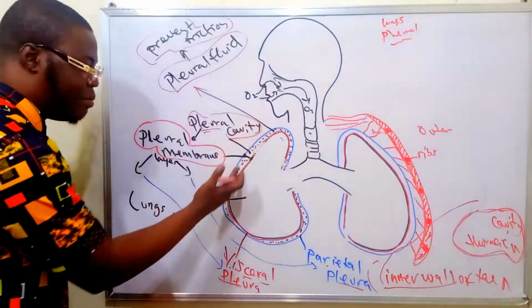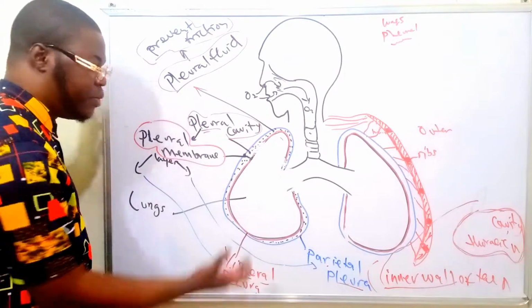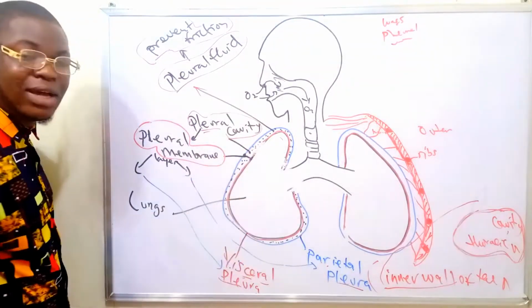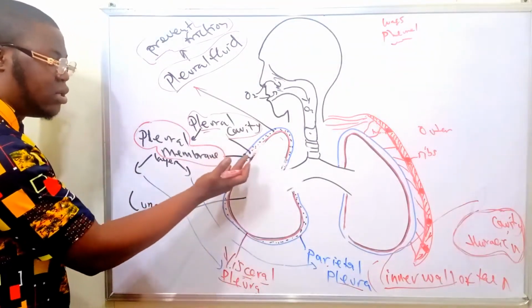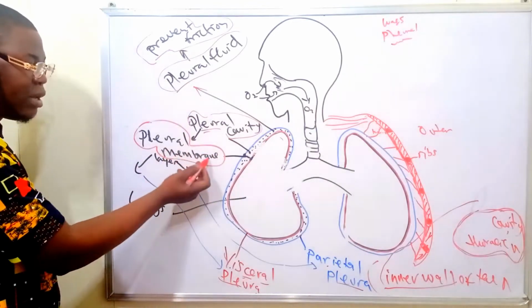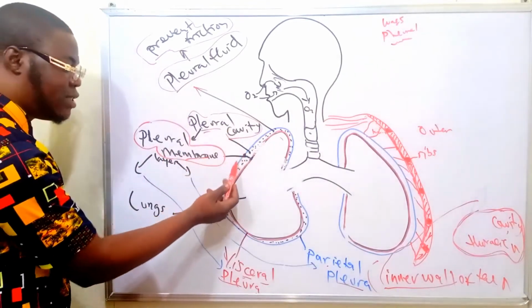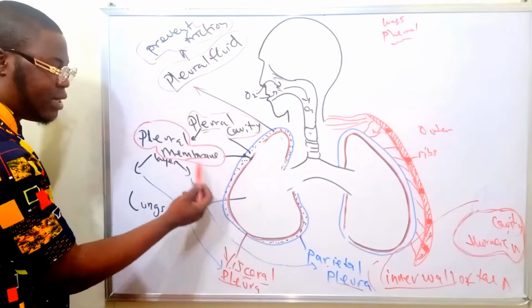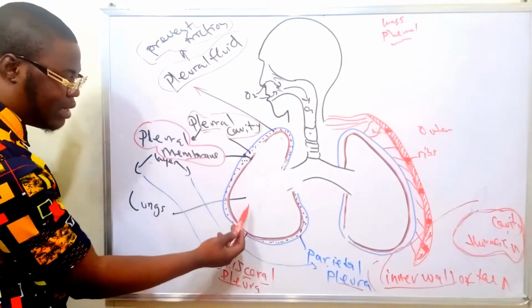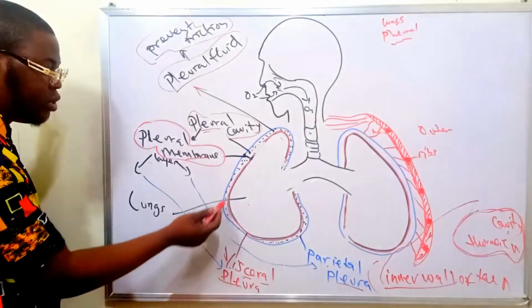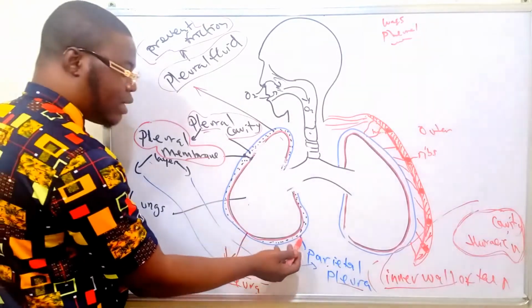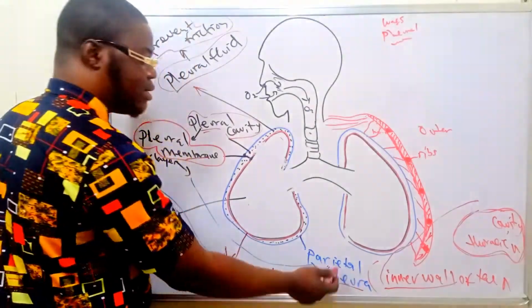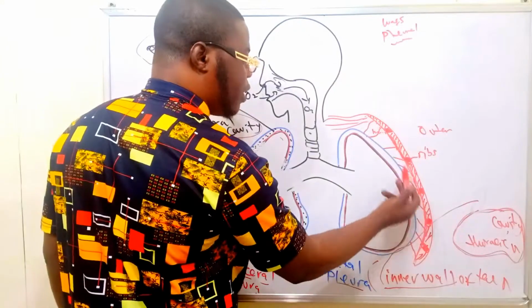You know what it means now. The pleural membrane covers the lungs entirely, and it has two layers, the visceral and the parietal. The innermost layer is the visceral and it adheres with the lungs. The outer layer is the parietal pleura, and it adheres with the inner wall of the thoracic cage.